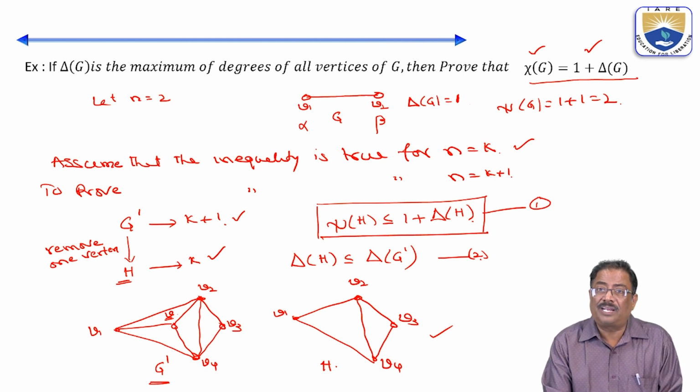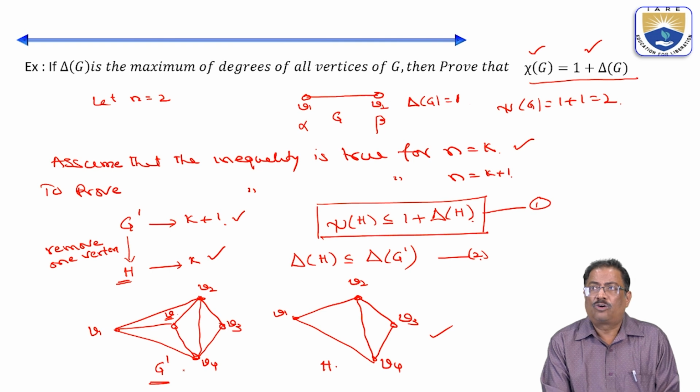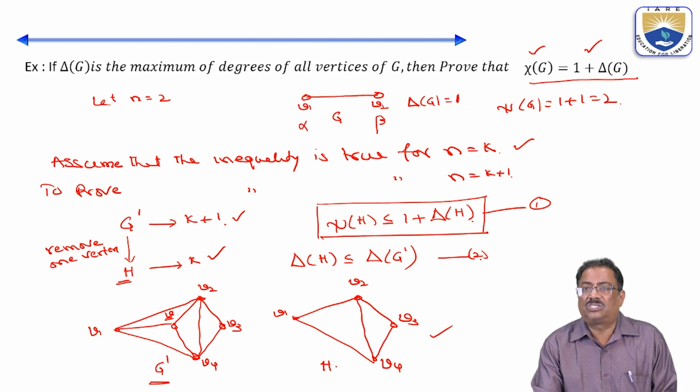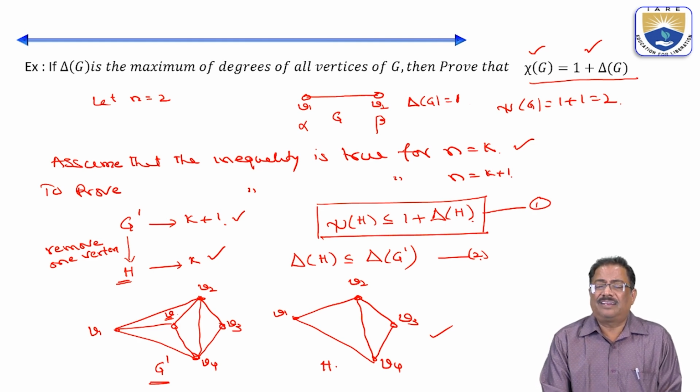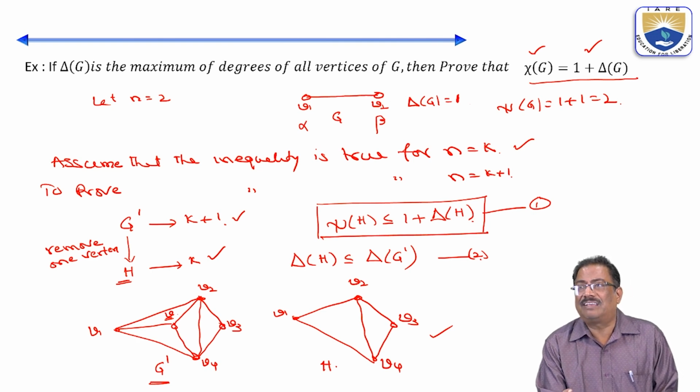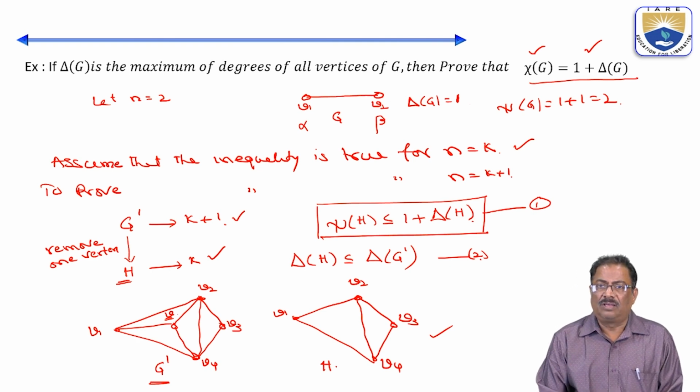That means the chromatic number of G dash will be the chromatic number of H.